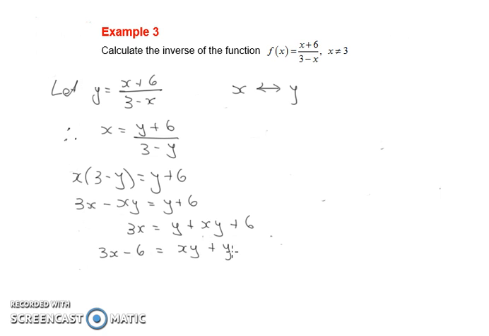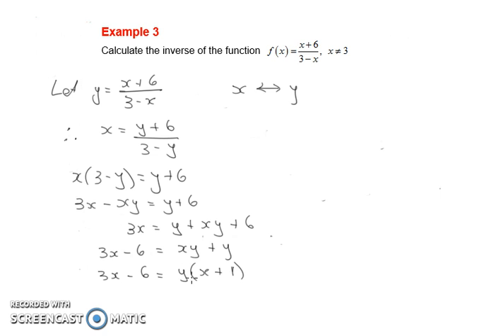And now in order to get y on its own, we can see we've got two terms here with y in it. So what I'm going to do is take the y out here as a common factor. So 3x minus 6 on the left, and then we're left with y outside of x plus 1. It wouldn't matter if you had it as 1 plus x, same thing.